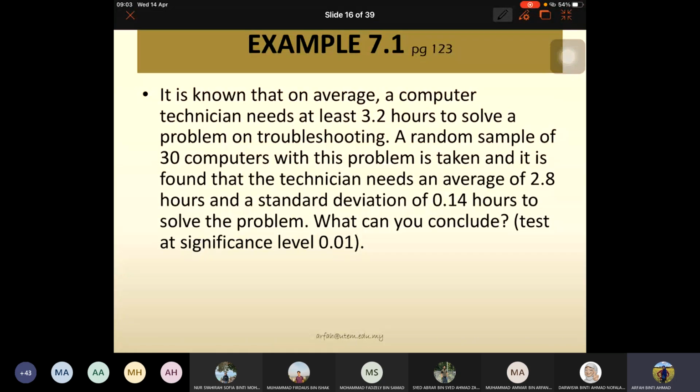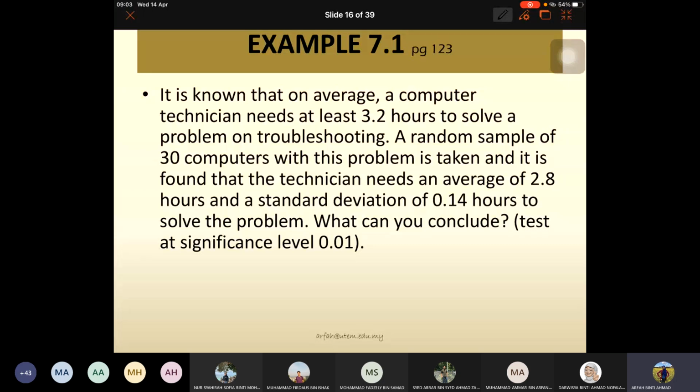So, cuba baca balik soalan. Dia kata secara purata, seorang computer technician perlukan 3.2 jam untuk troubleshooting problem with computer. So, dia nak tahu betul ke. Dia ambil random sample 30 komputer yang ada masalah.